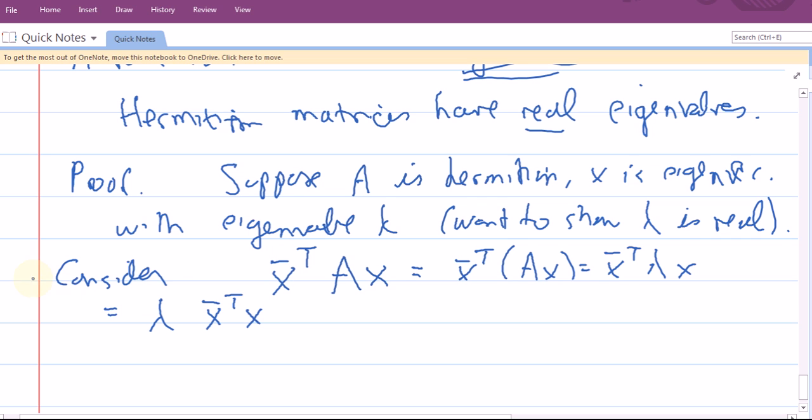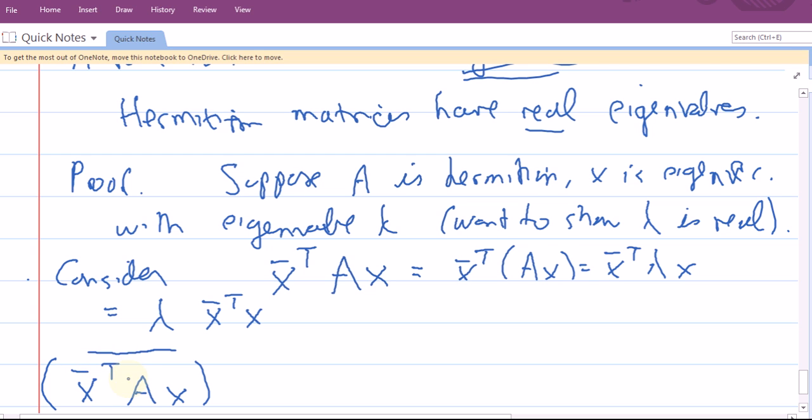Now on the other hand, if I take the complex conjugate of this, in other words, if I take x conjugate transpose A x, and I take the complex conjugate of this, well, complex conjugates of matrices work the same way they do with numbers.